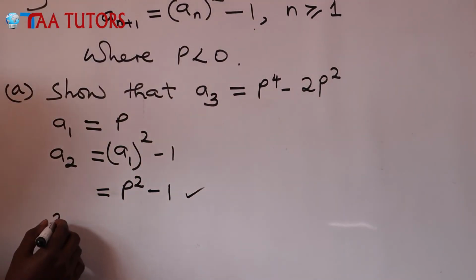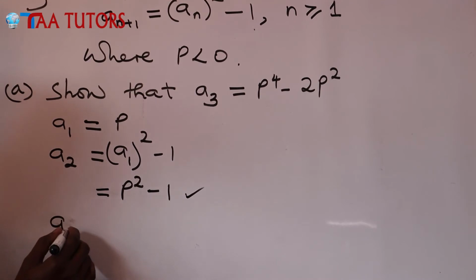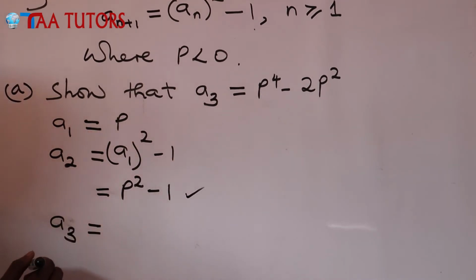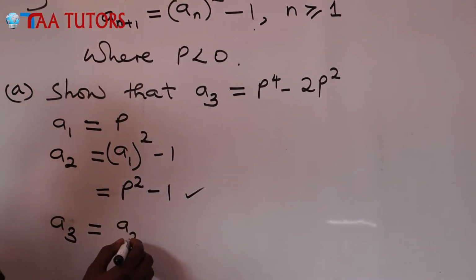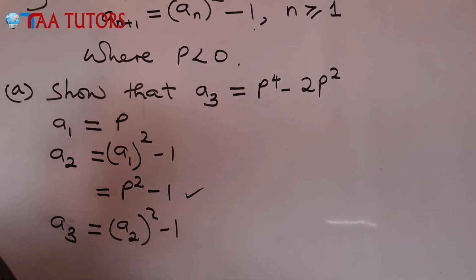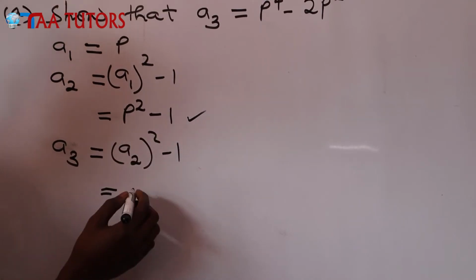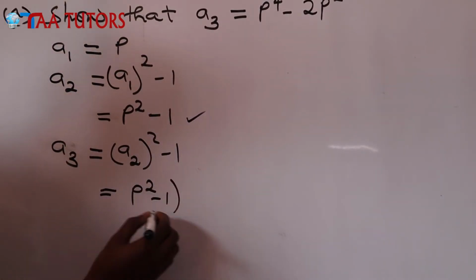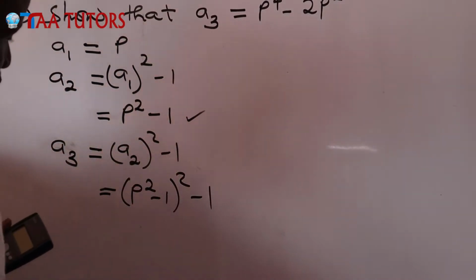What about the third term? That is A3. A3 will be A2 squared minus 1, and A2 is p squared minus 1, so we have (p squared minus 1) squared minus 1.